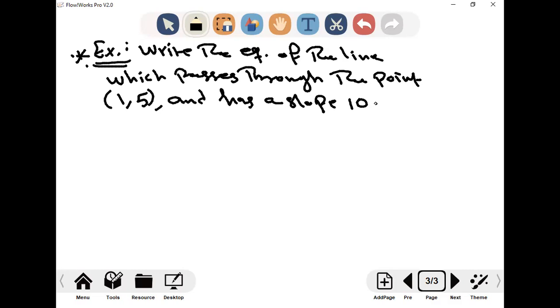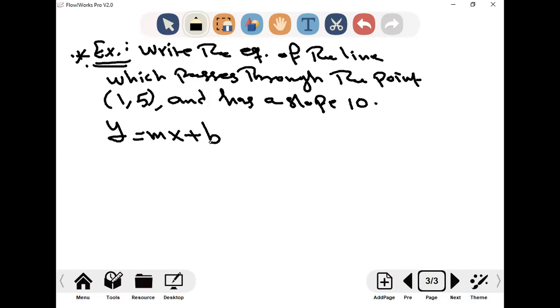So we want the equation of the line in the slope intercept form, right? So I'll start with the slope intercept form: y equals mx plus b. This is the formula we start with. The first step, we replace m.